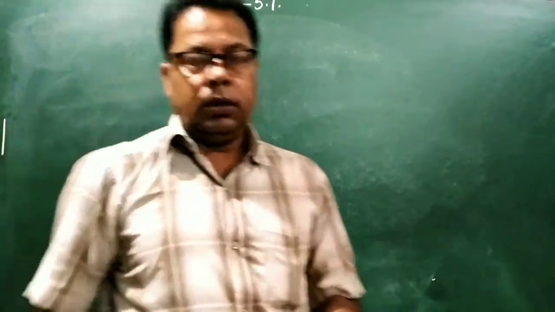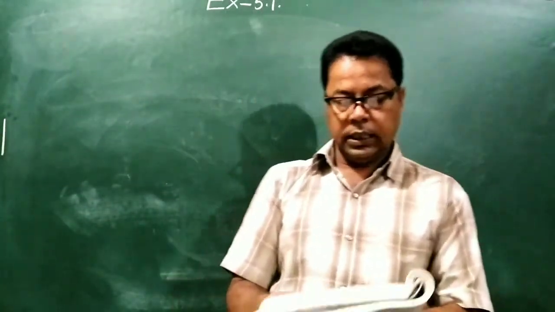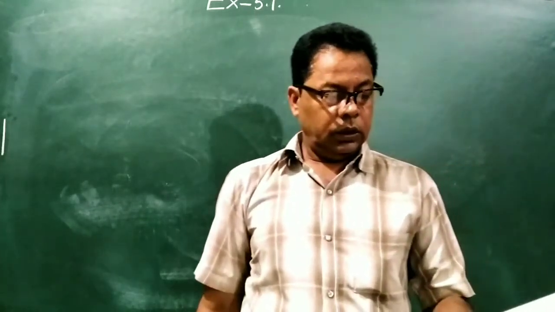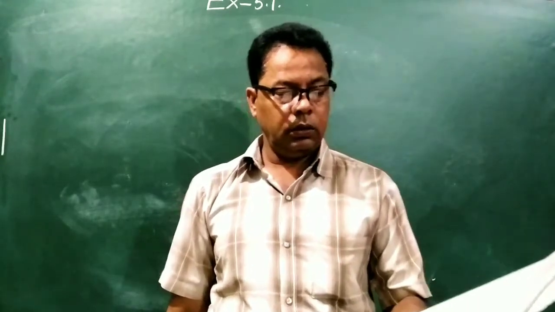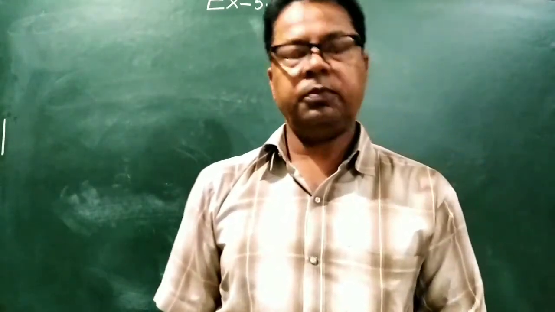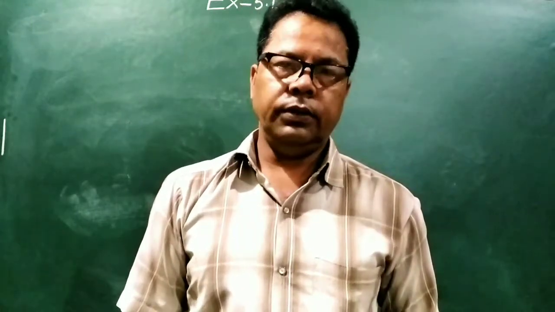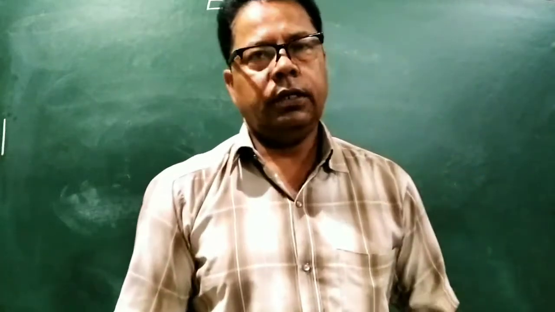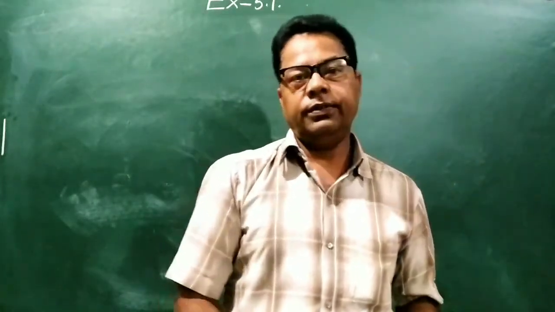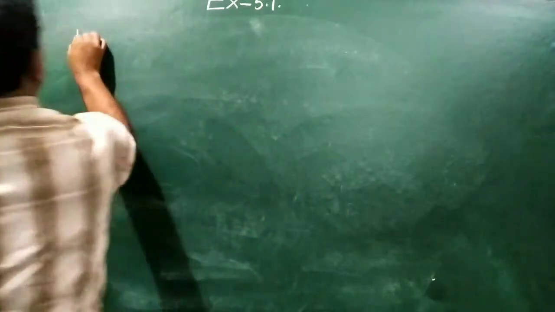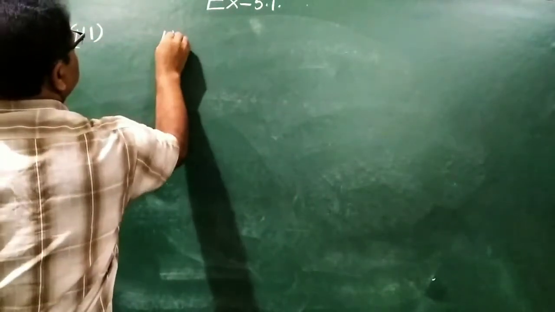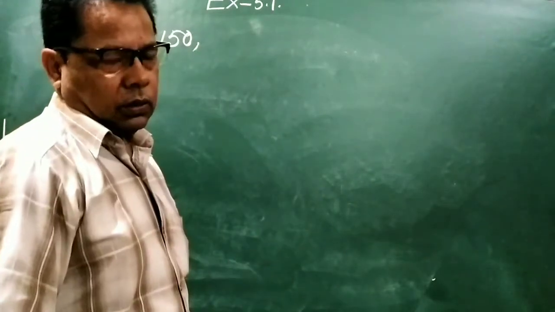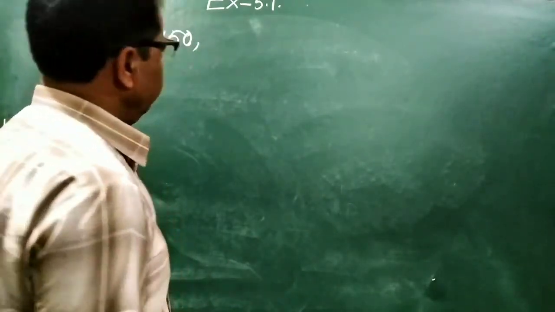The cost of digging a well: for the first meter it costs 150 rupees, and thereafter each meter costs 50 rupees extra. Then for the first meter 150.